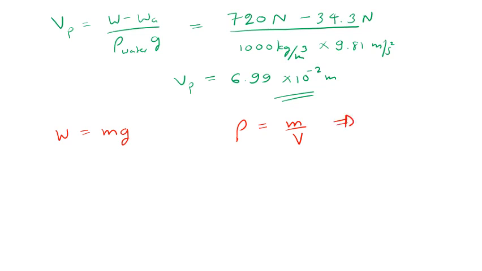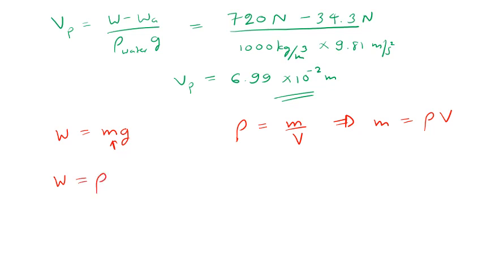And we can get the mass from this equation, that is density multiplied by the volume.